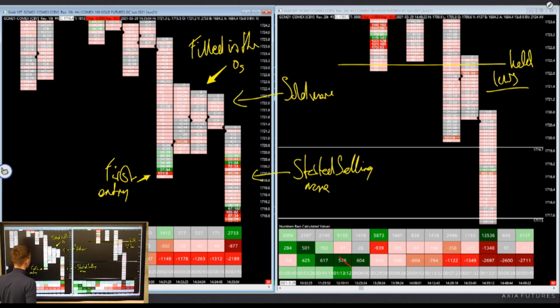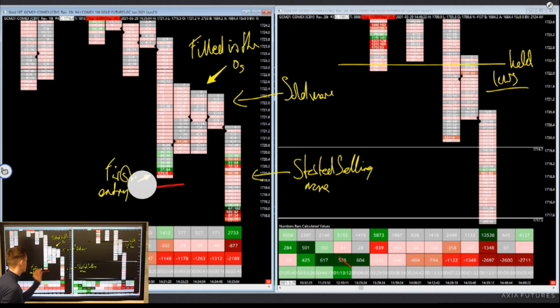Footprint wise, and I think this is another good point, you get that really quick blip, which just leaves multiple zeros. What it then has to do is come back in, fill this little low volume out, and then roll over. This is something I noticed afterwards. It has to fill in the zeros before it rolls over. You get 130 lots sold into the bottom. Literally the level is like here, hence why I sold it.